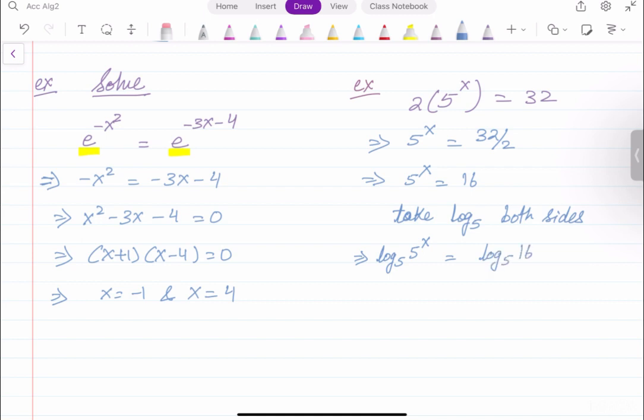Now on the left-hand side, we have the base 5 and the number is also 5. So it will help us to isolate x. So x is equal to log base 5 of 16.